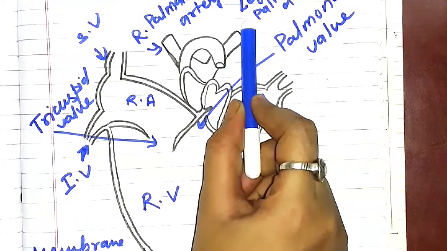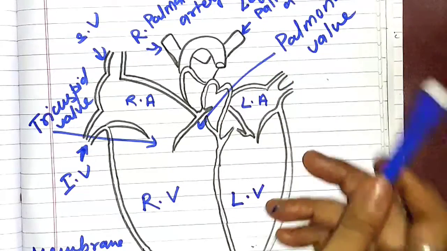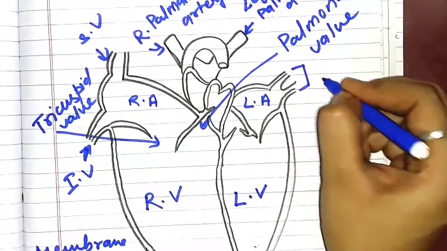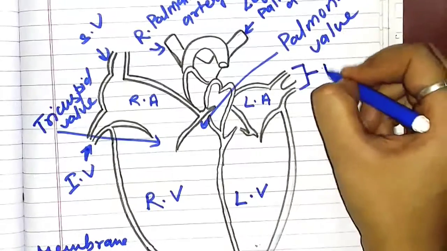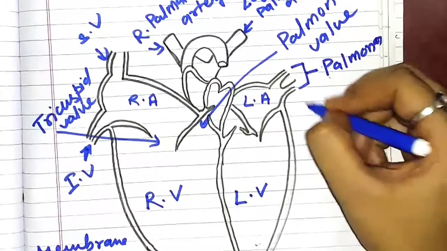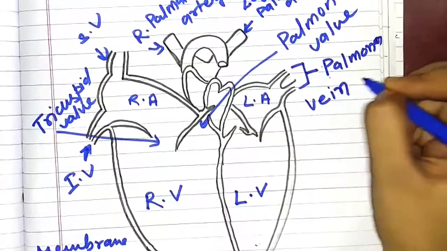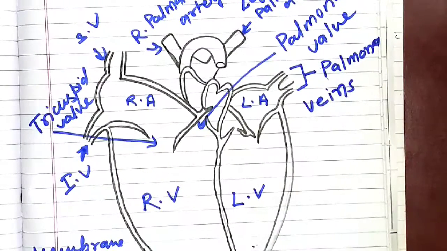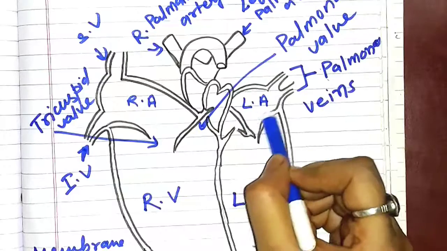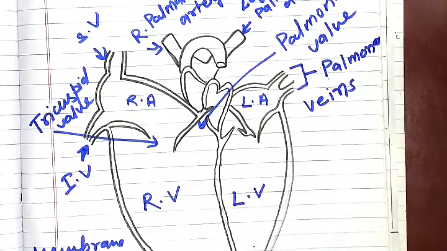After the oxygenation process is completed in the lungs, the blood is received by the pulmonary veins. There are four pulmonary veins, which receive the blood from the lungs, and the oxygenated blood comes into the left atrium.